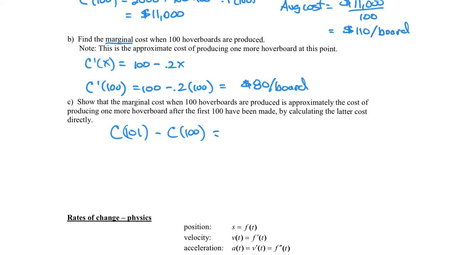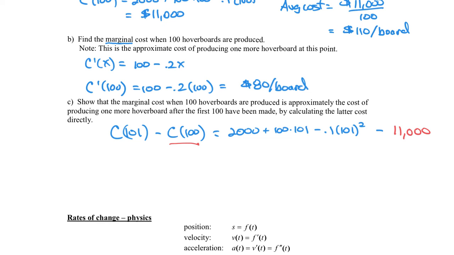So the cost function at 101 boards would be 2,000 plus 100 times 101 minus 0.1 times 101 squared, minus this cost, which we already calculated. That cost was $11,000.